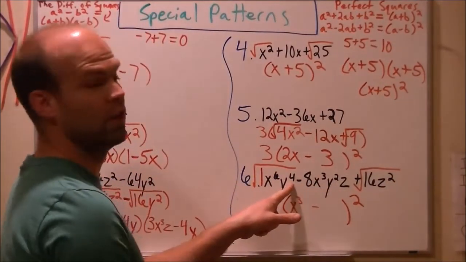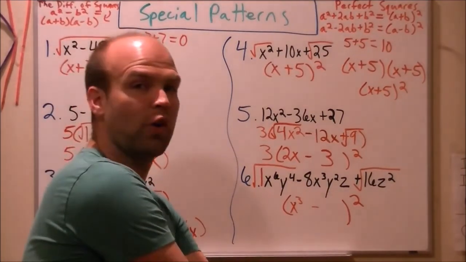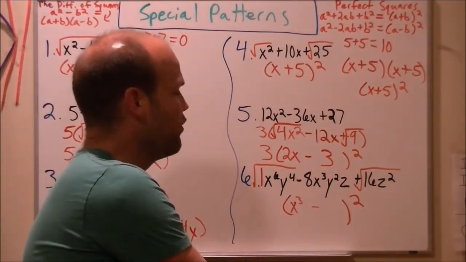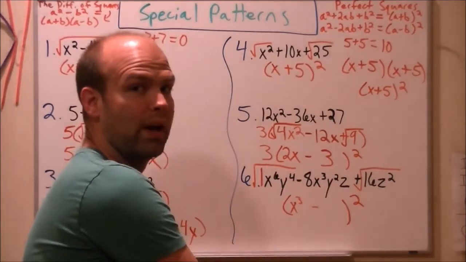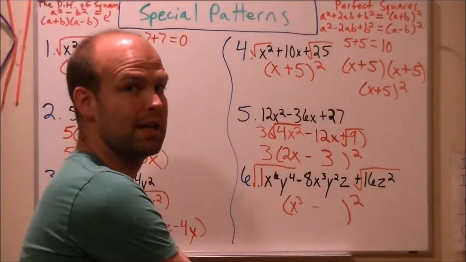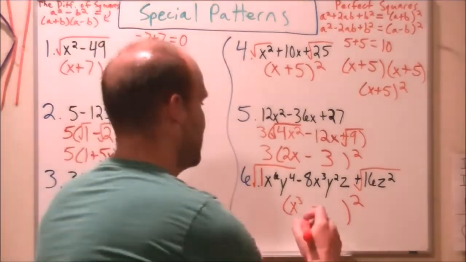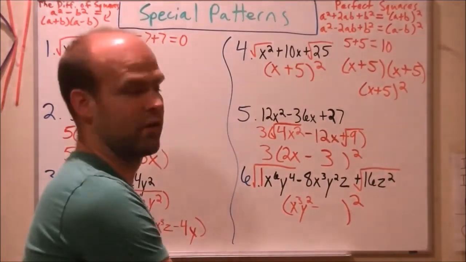Don't forget, you have to do it with the y also. What's the square root of y to the 4th power? Y to the 4th power means I divide the exponent of 4 by what number? By 2, the square root. 4 divided by 2 is 2, or squared. And so I'm going to have x cubed y squared as my first term.